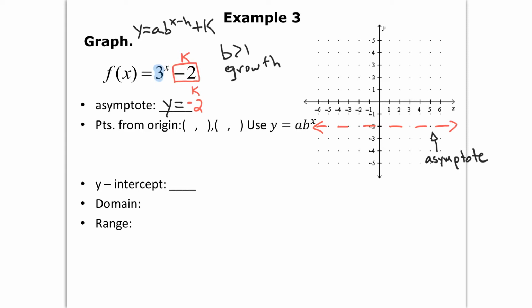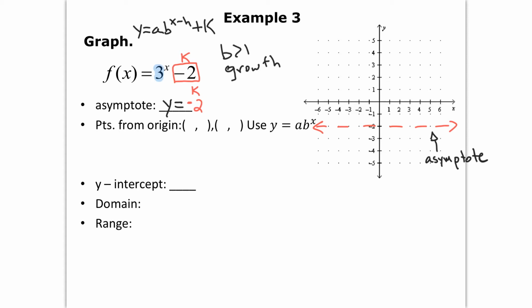Now this one, we don't have a number after the x in the exponent portion, we just have an x, but we do have a number at the end of the function. In front of the base, we don't have a number that you can see, but we say we have an invisible 1 for the a value. When the a value is 1, it's not going to make a lot of difference, but just keep in mind that you can say there's an invisible 1.